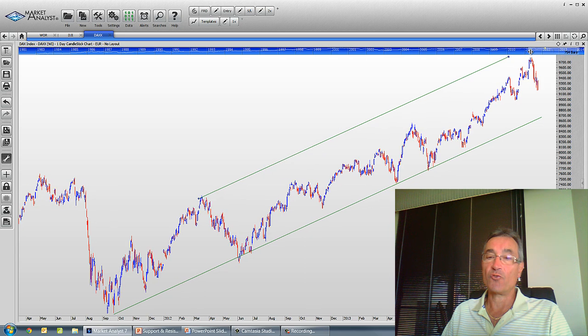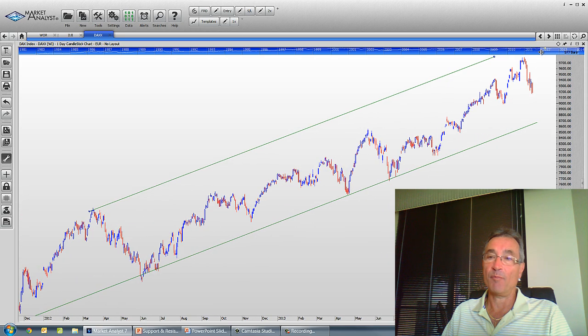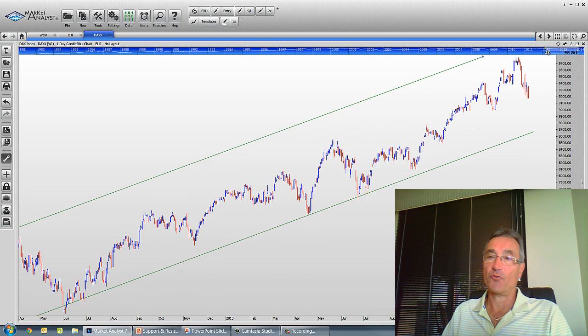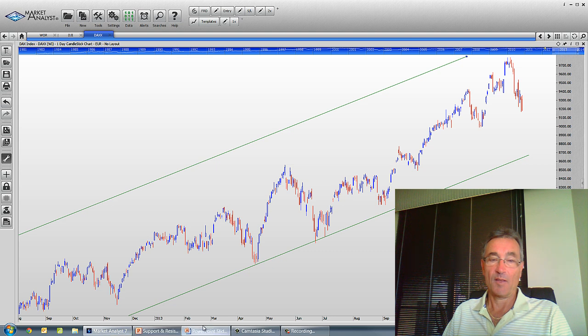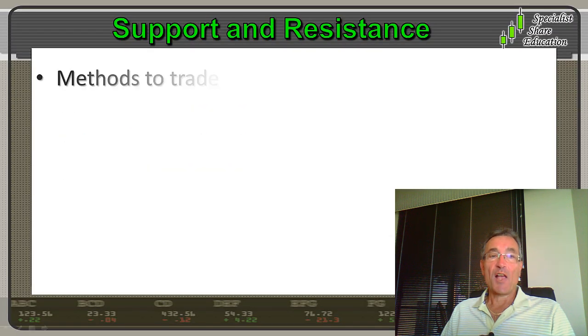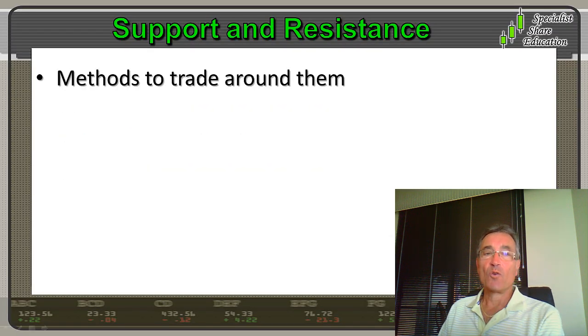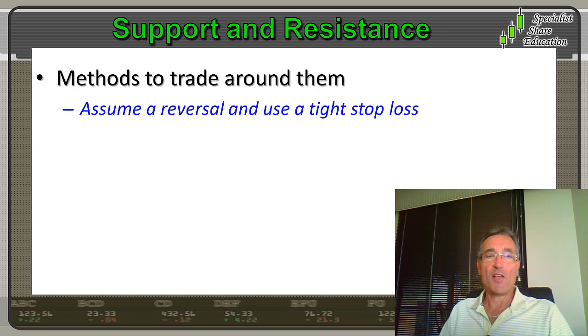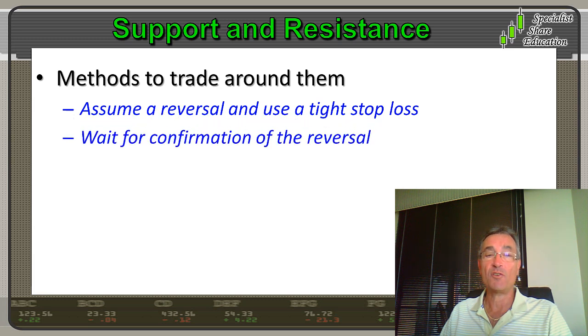And obviously we can trade the top and the bottom of that particular trend channel. So there are quite a few methods to trade around those levels. We can assume a reversal and use a tight stop loss, as I've indicated in those previous charts, so we don't necessarily need to wait for confirmation.